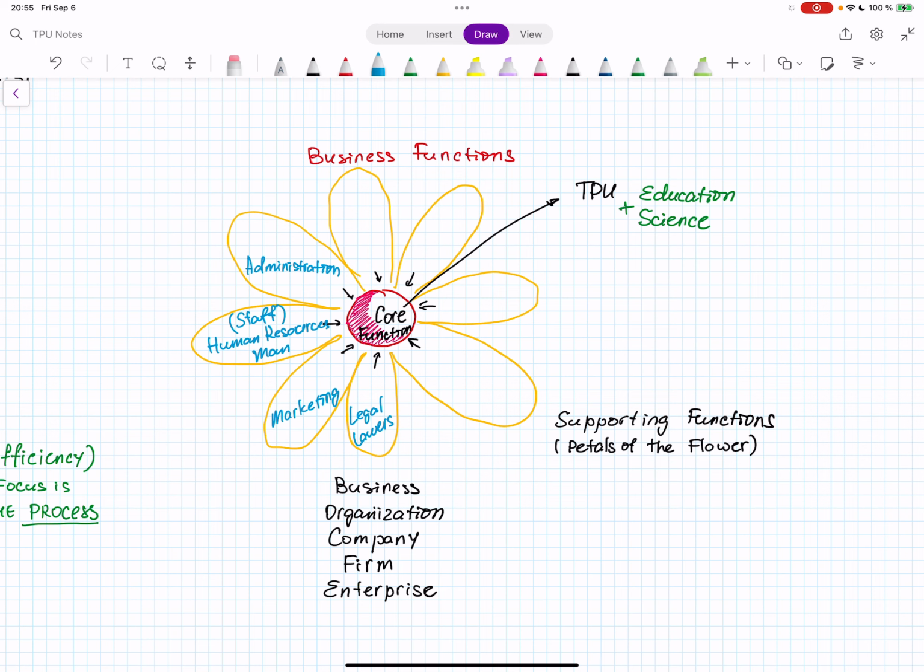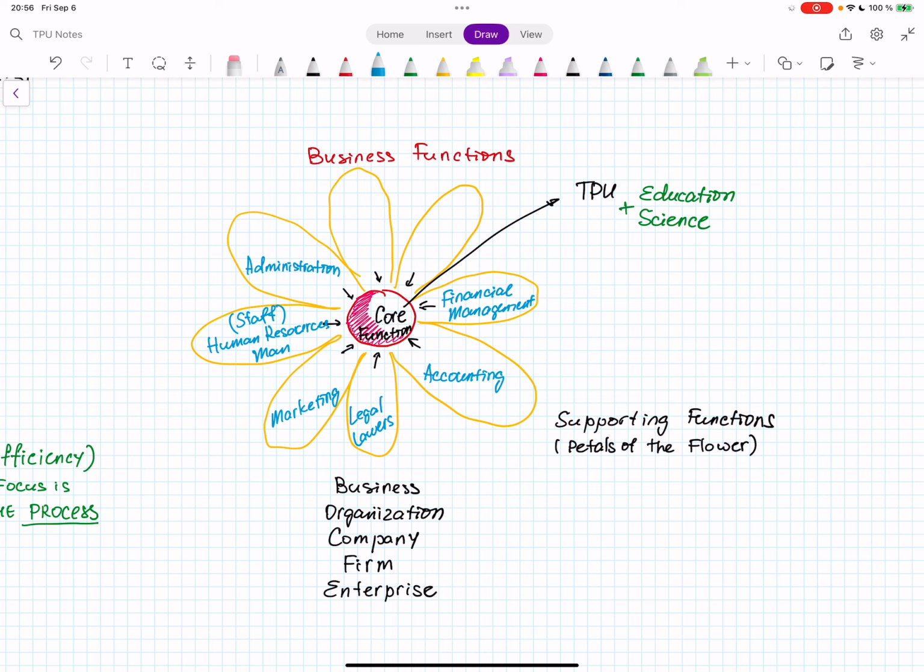What else you might need? Maybe you need accounting in order to record financial transactions. And one of them, which is important to us, is financial management.